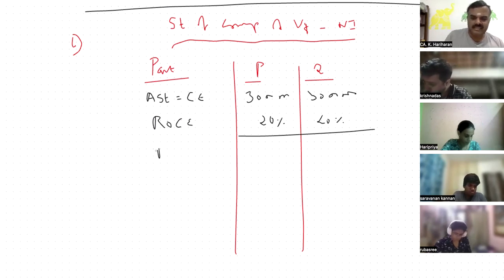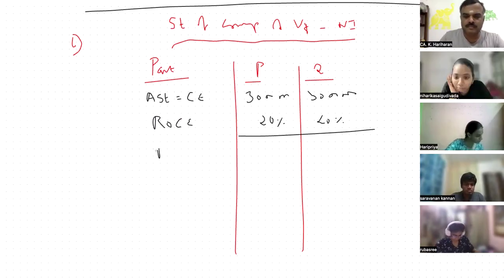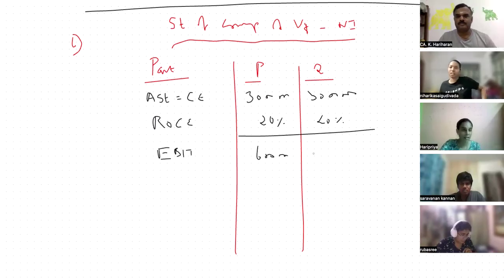Less interest. Which one is a levered firm? Which one is an unlevered firm? P is the levered firm, Q is unlevered. Debt fund of P, how much? 18 lakhs. Interest percentage? 10%.